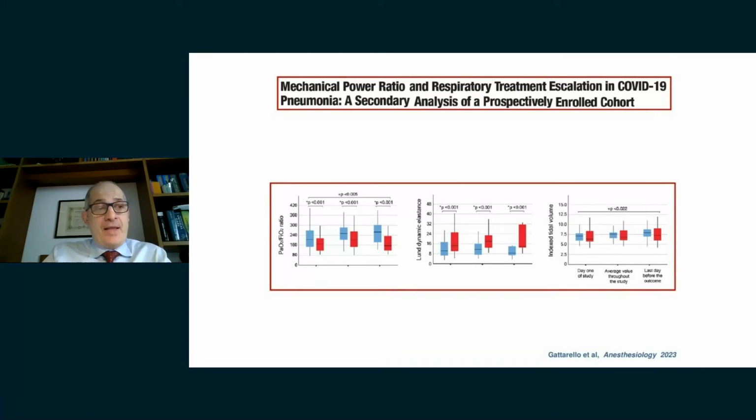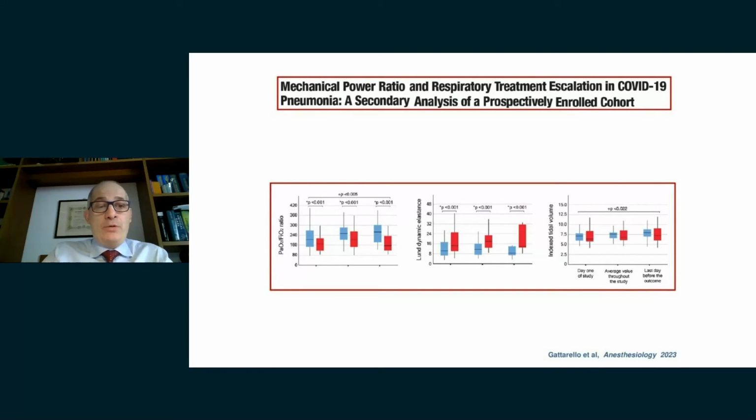The last study is a study in which we collected data in a huge number of patients with COVID-19 respiratory failure admitted to intensive care that were managed with helmet CPAP. The patients were followed from admission during the intensive care stay and were divided according to the final outcome.